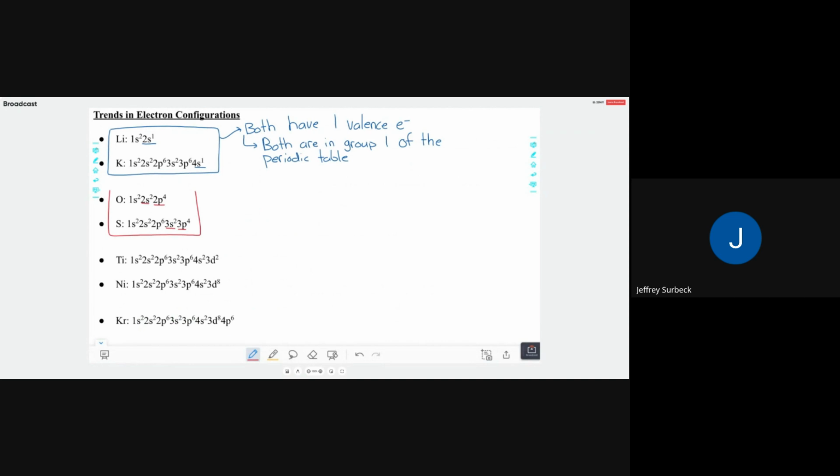Both of these have 6 valence electrons. Well, shouldn't be a surprise here. Both are in group 16, or sometimes we call these group 6A of the periodic table.